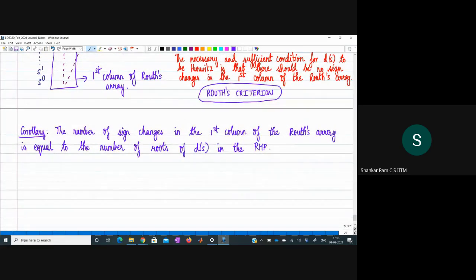So the corollary from this statement is that we look at the first column of the Routh array.